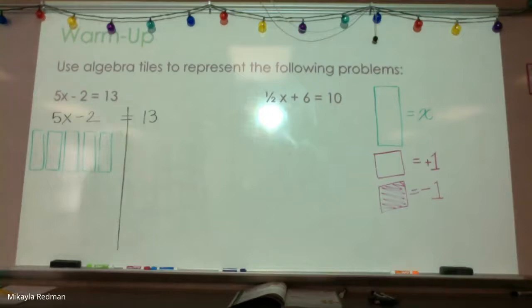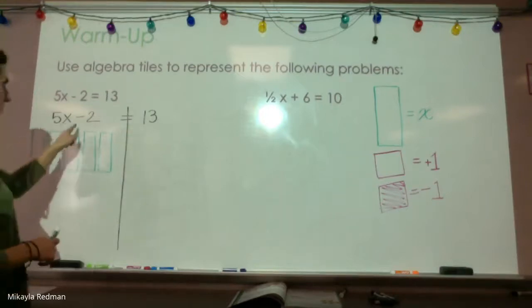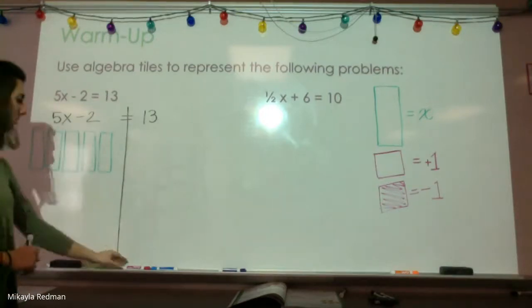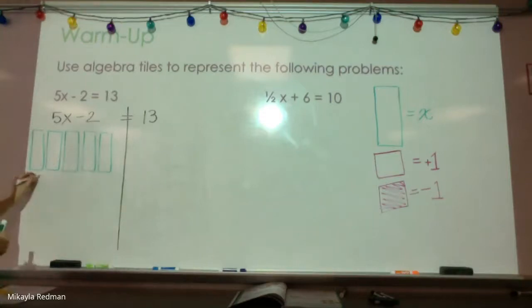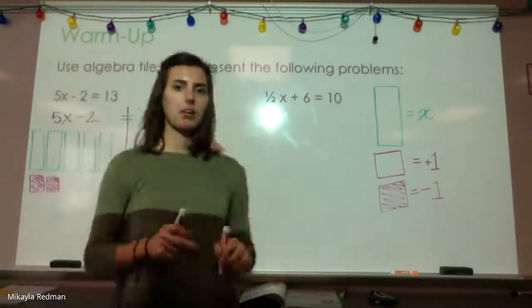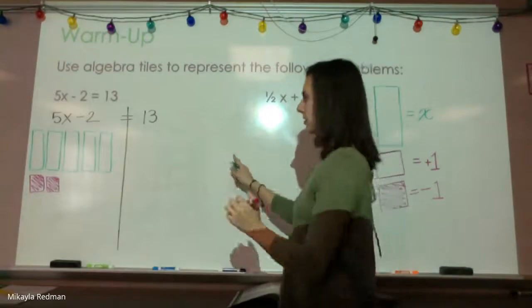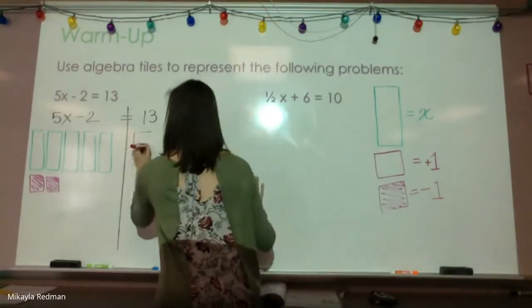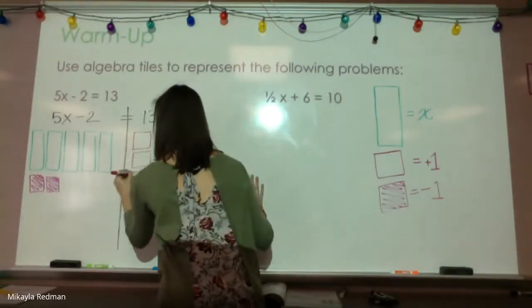Okay, so there's my 5 x's, and I have a negative 2, so I'm going to represent that by drawing 2 shaded in squares. And over here, I have 13, so I'm going to draw 13 squares.